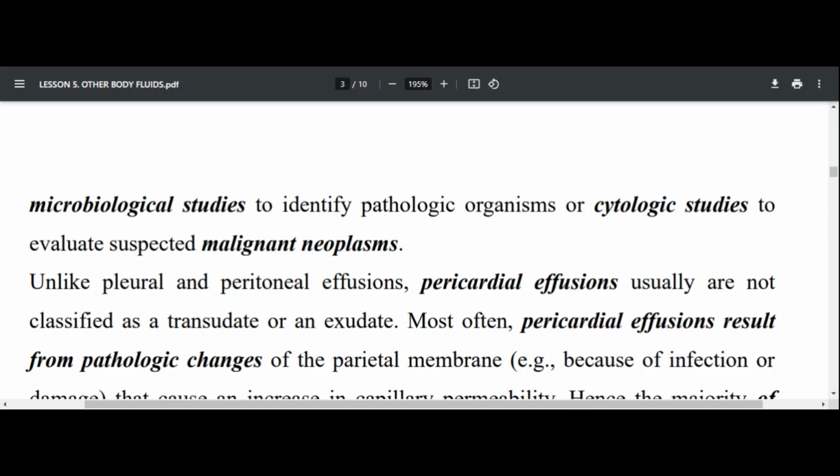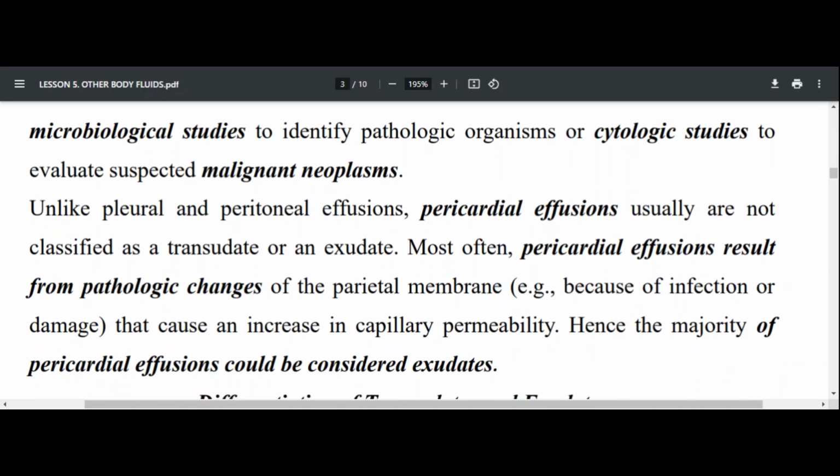Unlike pleural and peritoneal effusion, however, pericardial effusion usually is not classified as transudate or exudate. Among these three effusion fluids, we can classify pleural and peritoneal effusion as either transudate or exudate, but pericardial effusion is classified as neither.